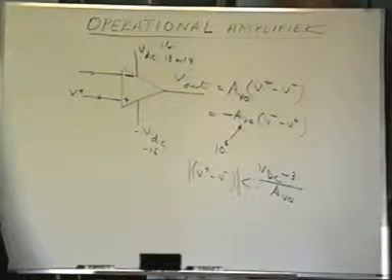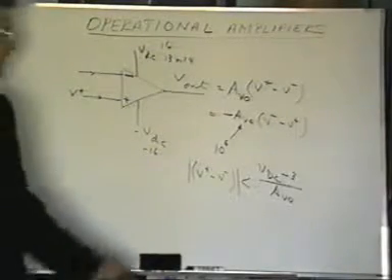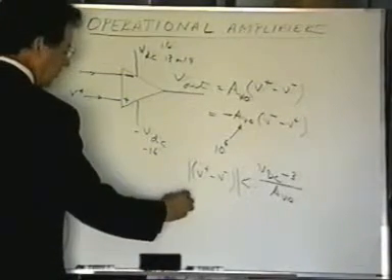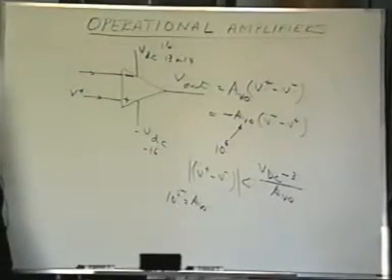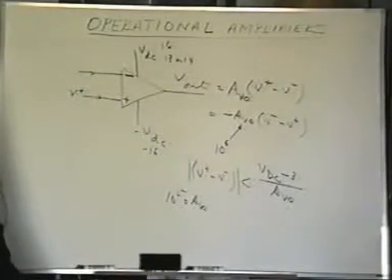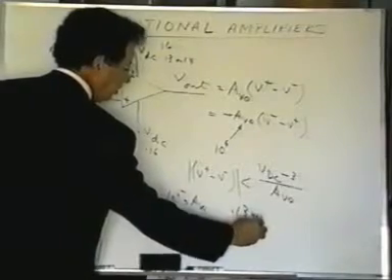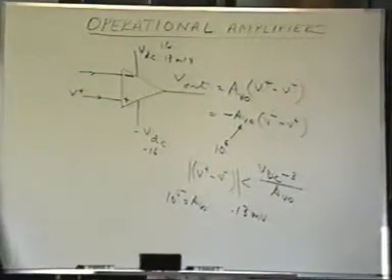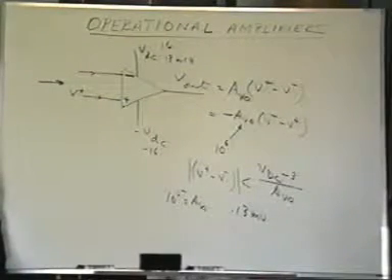For instance, if we were using 16 volts, as we did in our example here, and a value of, say, 10 to the 5th for AV0, then the voltage difference would have to be somewhere around 0.13 millivolts.